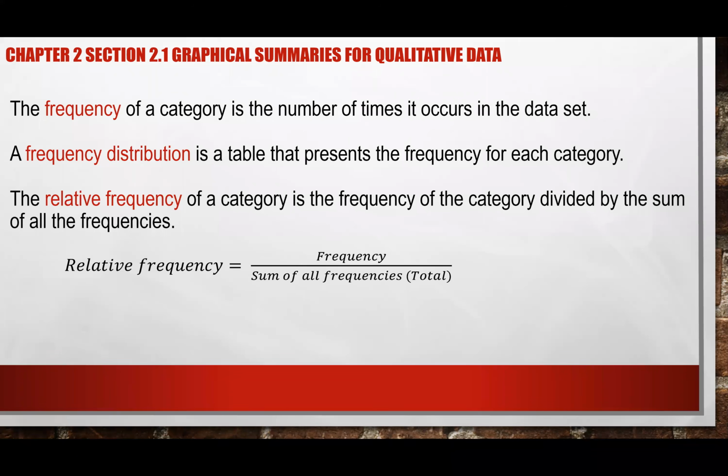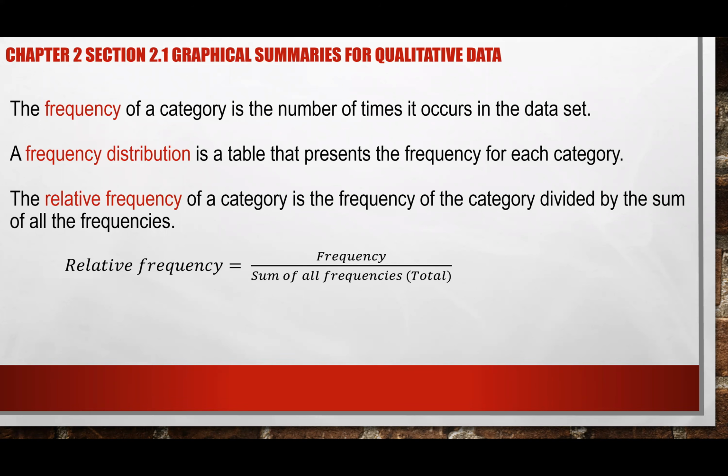If you look up here, you see the frequency, which is again basically how often does your data occur, right? And then the frequency distribution table, which is again the table where you pretty much tally up your data. And the relative frequency is basically we want to find the percentage or the relative amount based on the data, right?